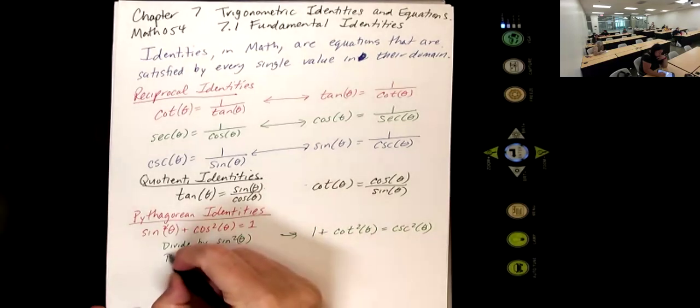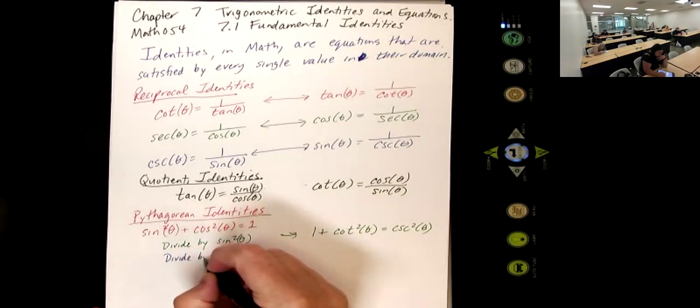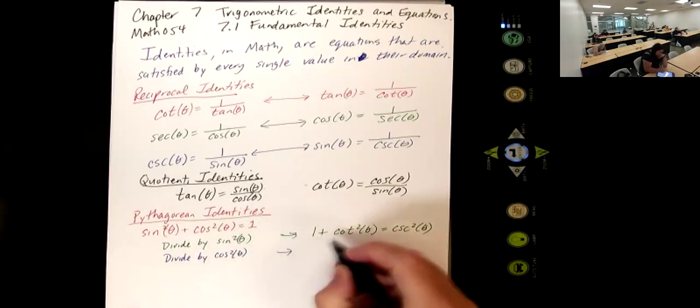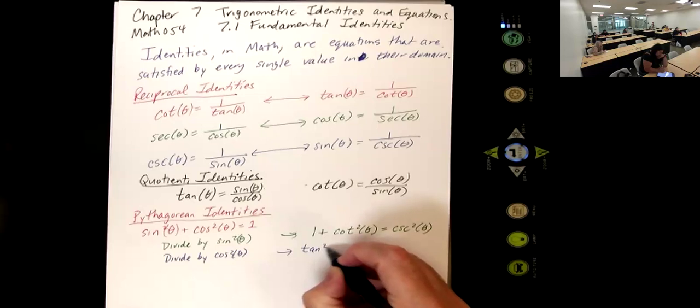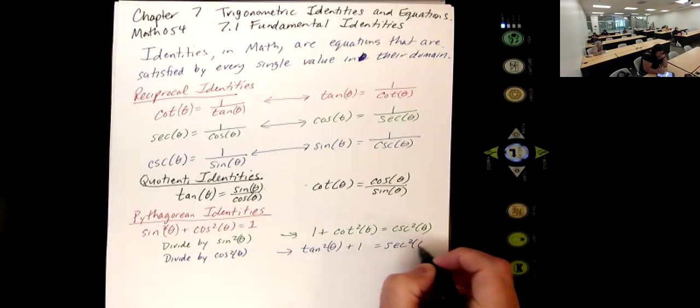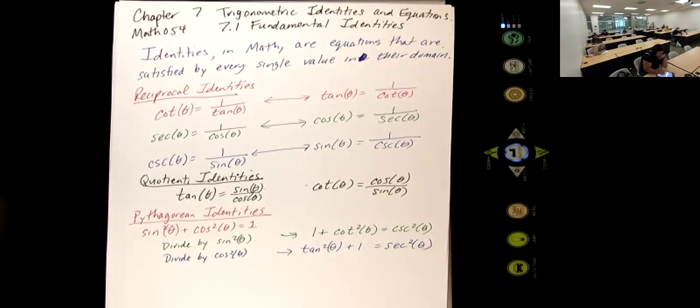And if we divide it by cosine squared, you get tangent squared theta plus 1 equals secant squared theta. So those are the Pythagorean identities. We're just getting them all down on one page, and hopefully these all so far look familiar.